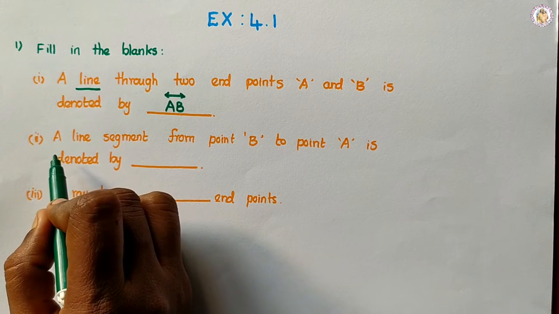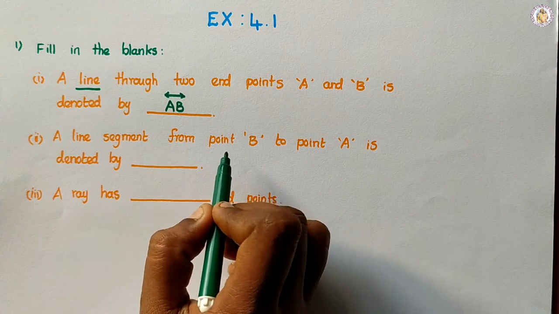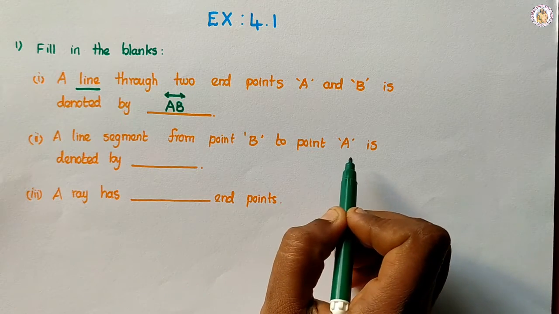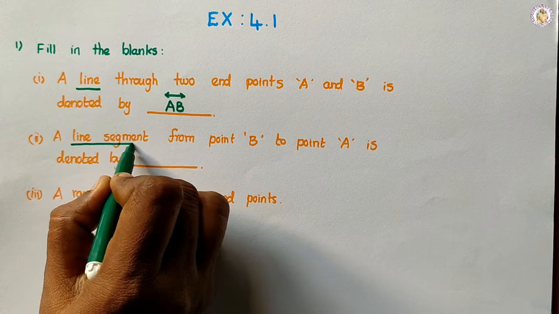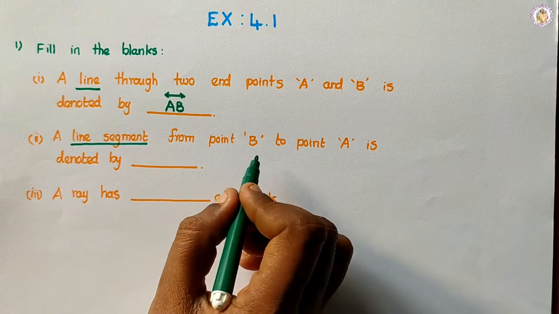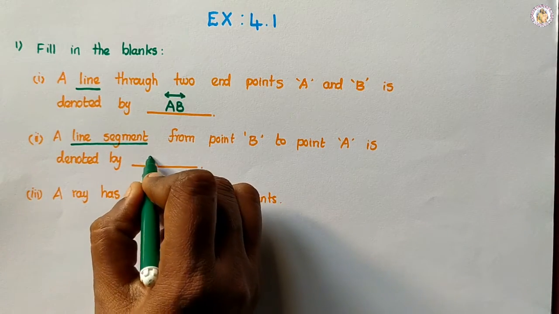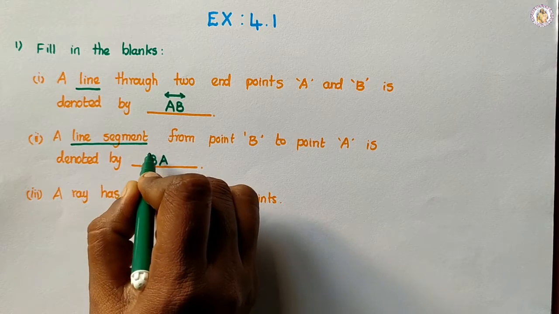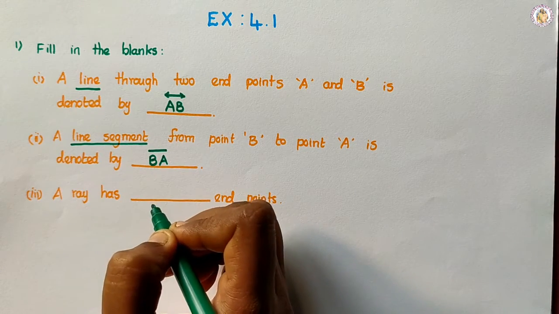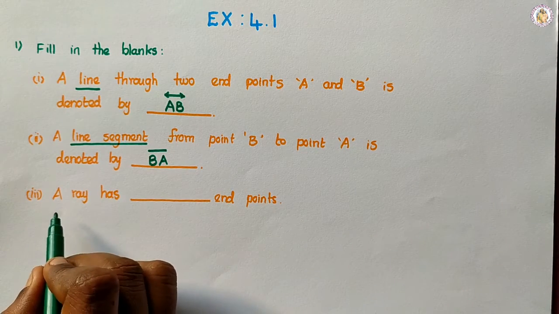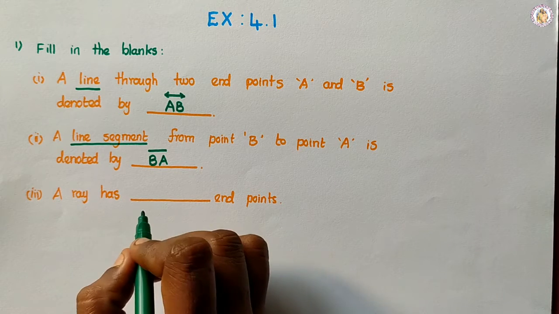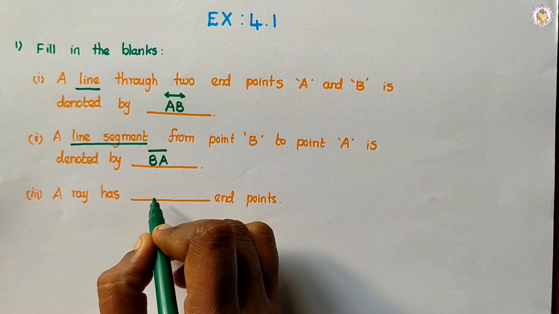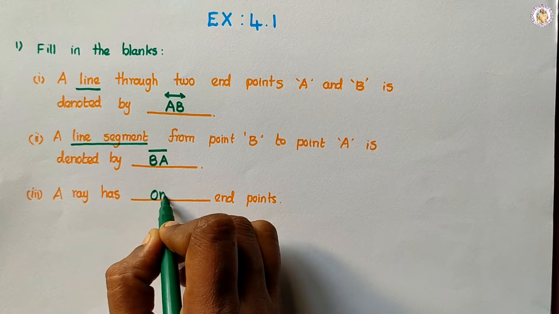And then next one, a line segment from point B to point A is denoted by, here also line segment B to A. So BA, line segment means put a bar. A ray has one endpoint, that is the starting point.